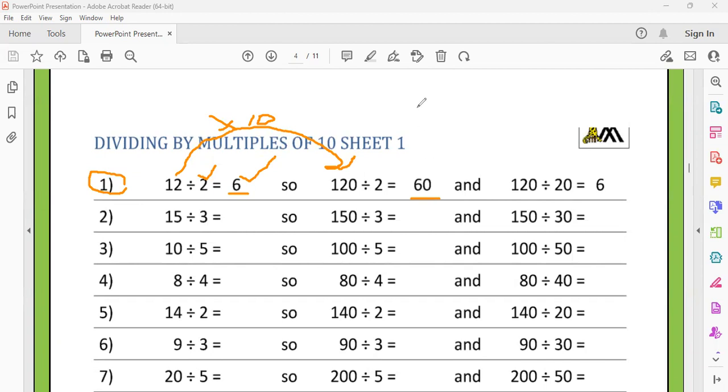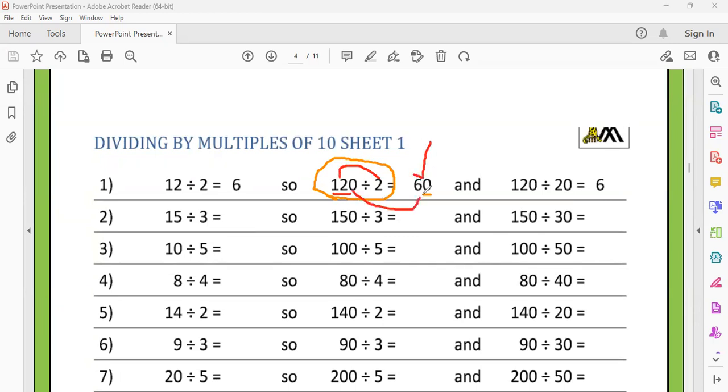You see that? So let's look at it this way. When I add a 0 at the back of 12, automatically I have an added 0 in my answer. So let's say I have this question: 120 divided by 2. All I need to do is, I know that 12 divided by 2 is 6.